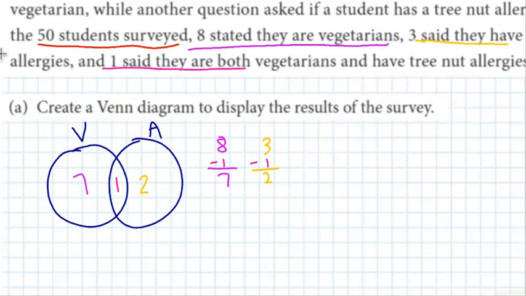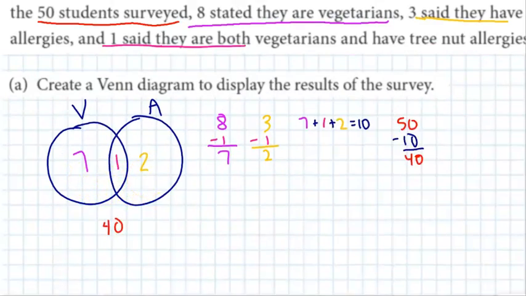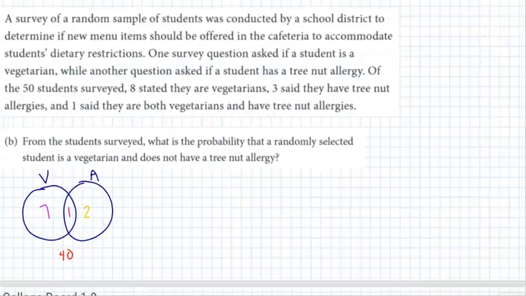Because there were 50 students surveyed in total, the numbers in the Venn diagram should add up to 50. So if we add up the numbers we have so far, 7 plus 1 plus 2 is 10, which means we have 40 students remaining who do not fit into either circle.